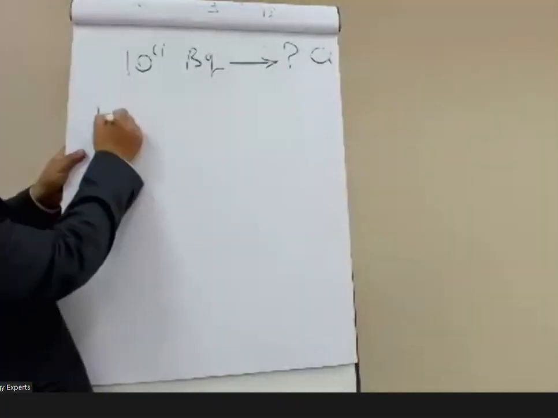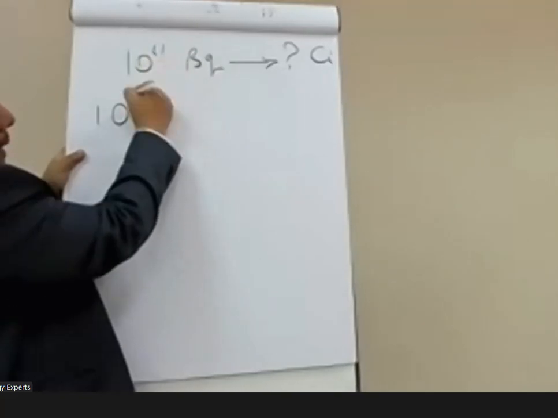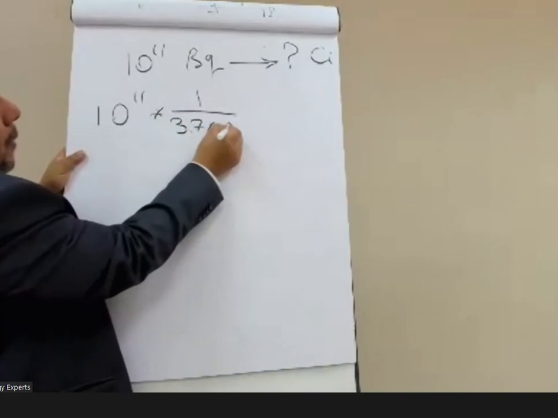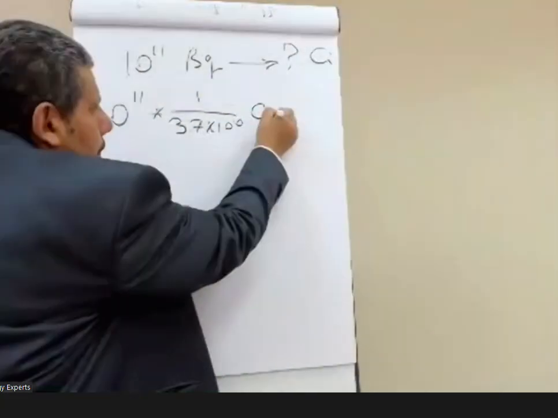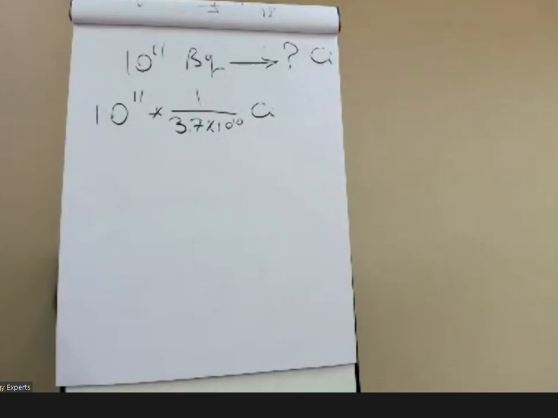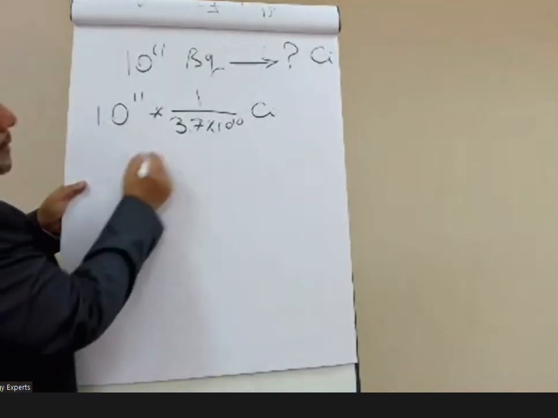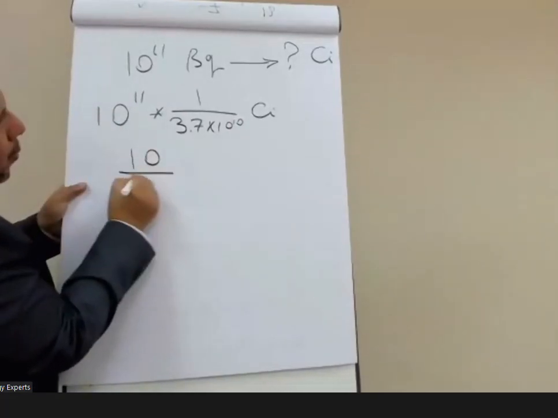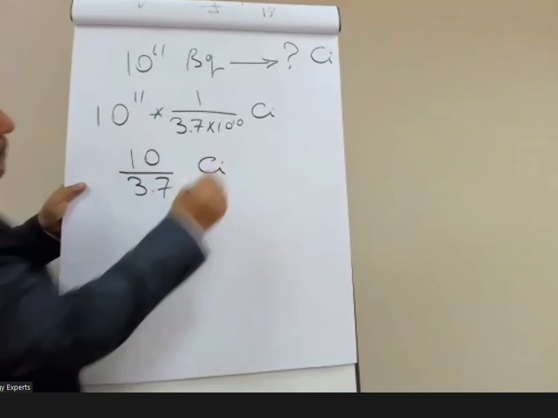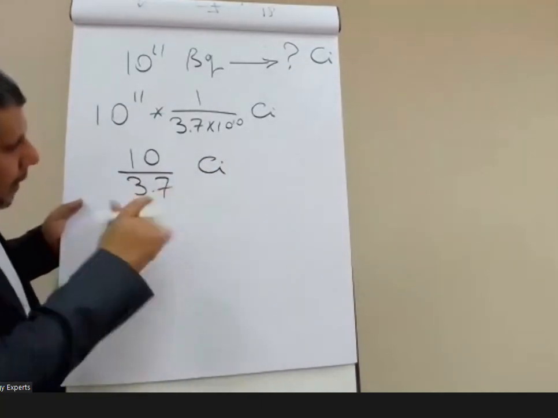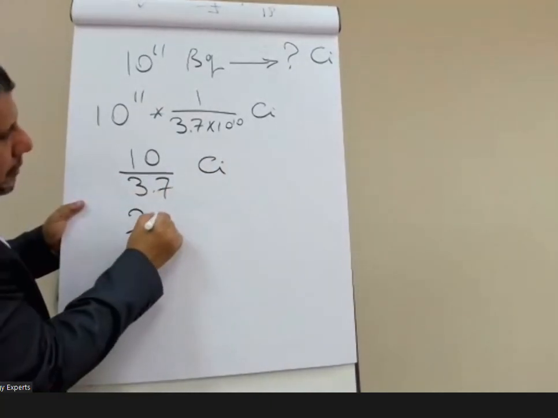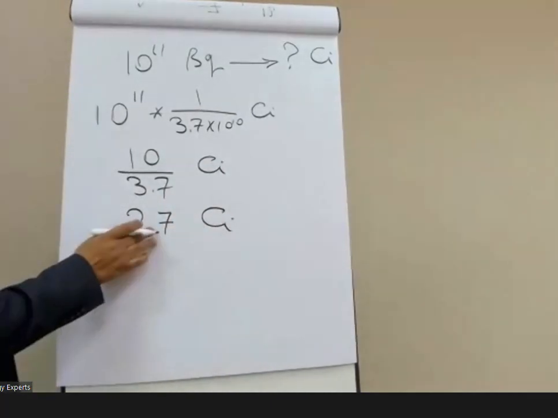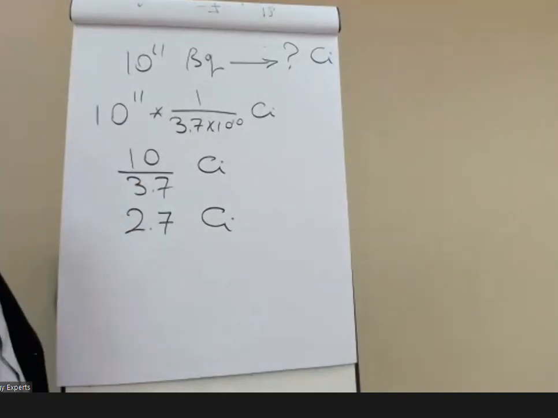Becquerel is 1 over 3.7 times 10 to the power 10 curie. With 11, I have here 10 over 3.7 curie, which is about 2.7 curie.